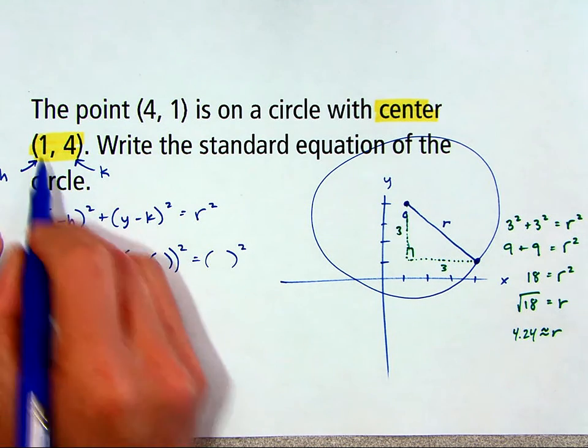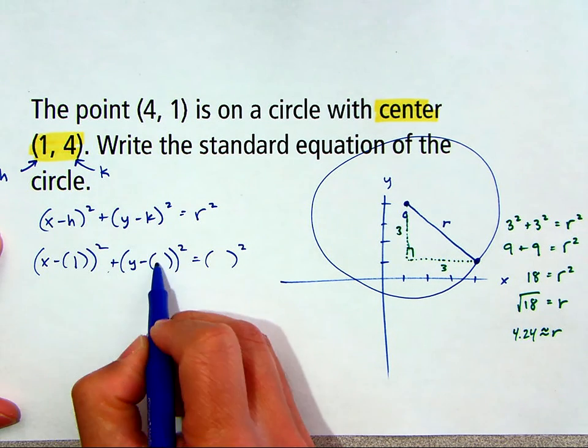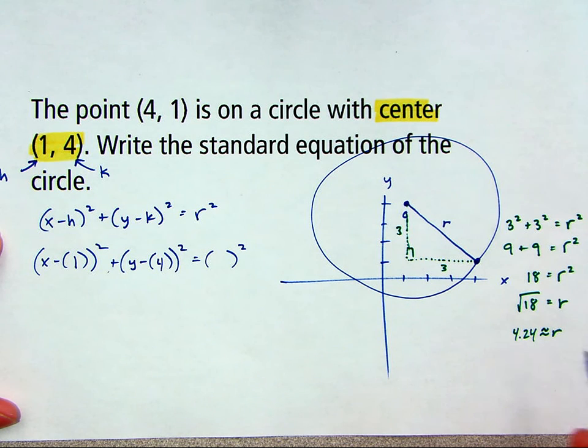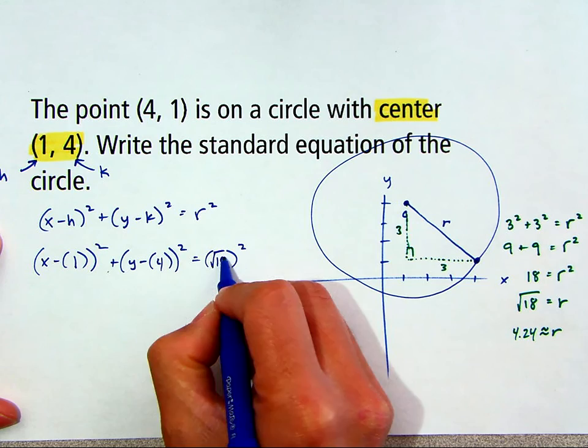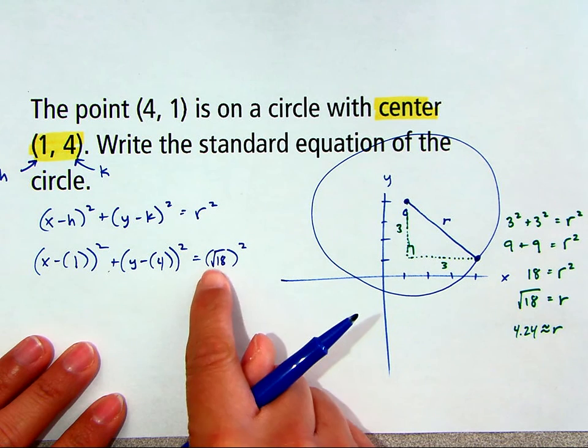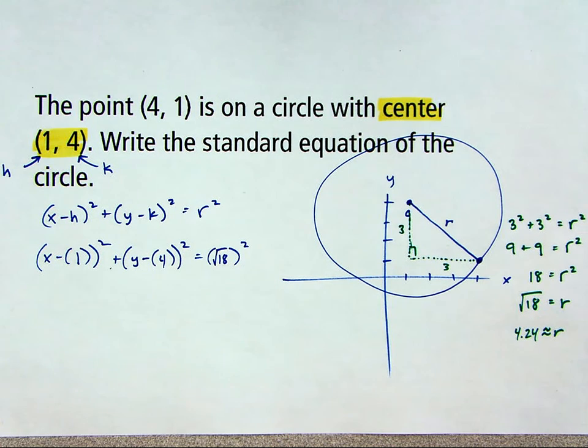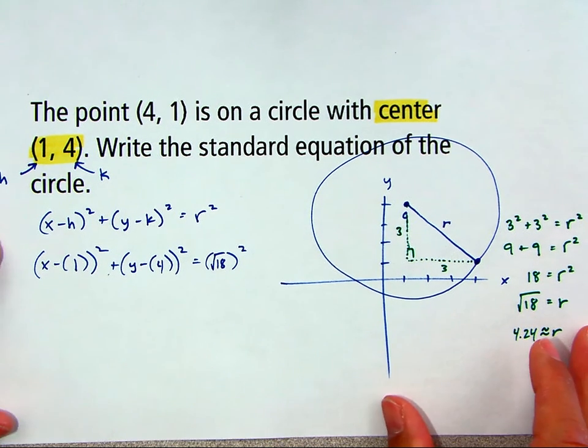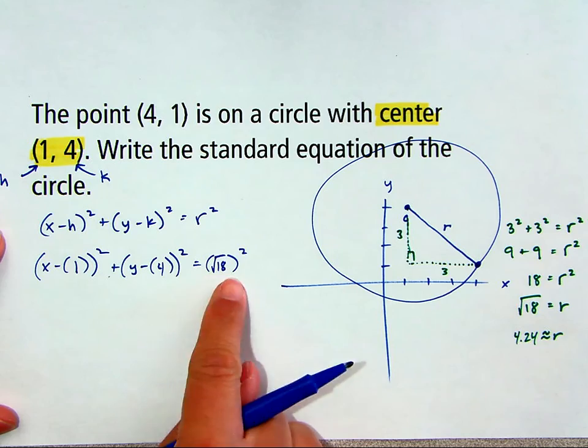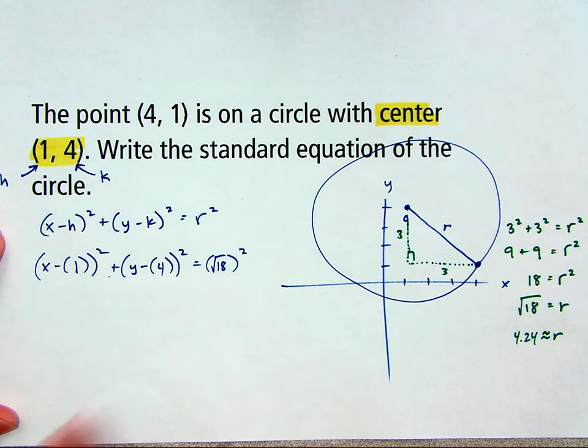Then the h value is 1, the k value is 4, and for the radius, I have a couple options. I can write it as a decimal, or I can write it in radical form. Radical form is going to be best because square roots and the second power cancel each other out. They're inverse operations. So that's going to help me when I clean this equation up.